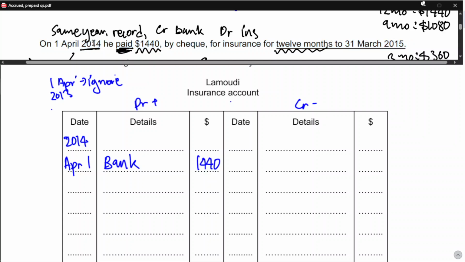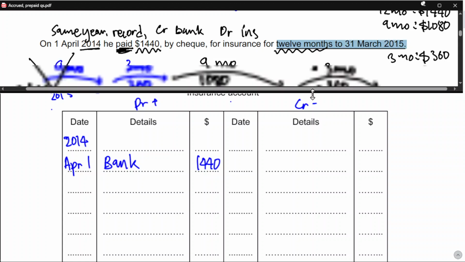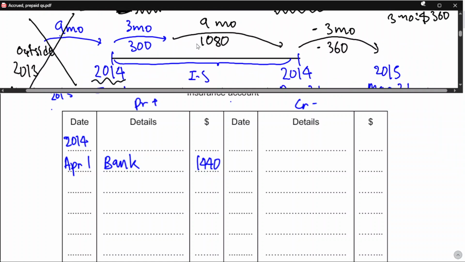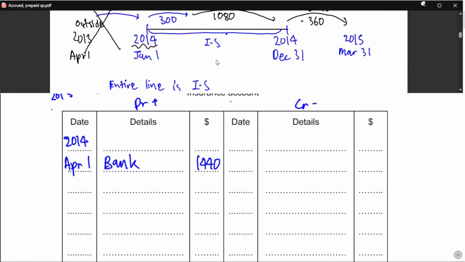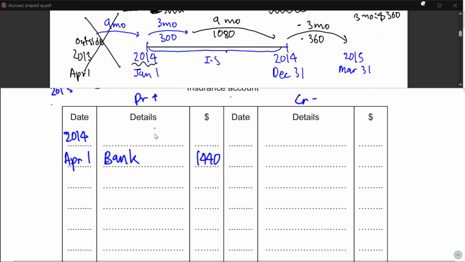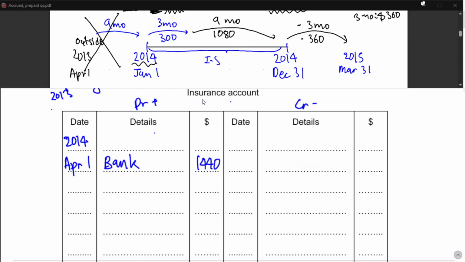Then let's continue. For 12 months to this thing, we might have accrued or prepaid. So let's look at the timeline. So the timeline says IS is this to add together.